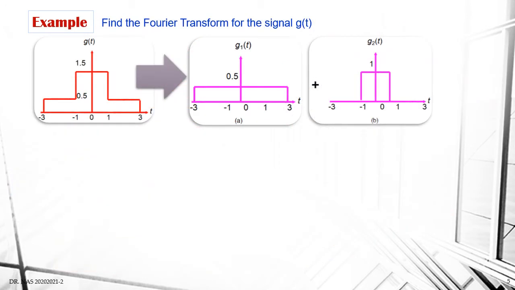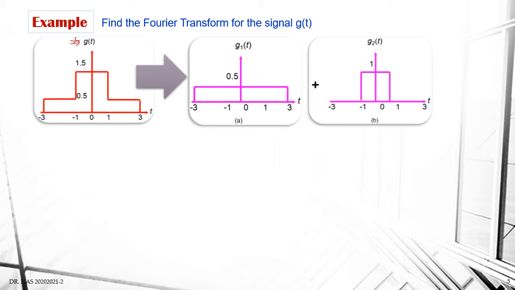Let's look at the second example on superposition or linearity. Find the Fourier transform of g(t). In this case, this is your signal g(t). If you look at the shape, it's basically a combination of rectangular functions. You can choose how many components you want to have in your equation.